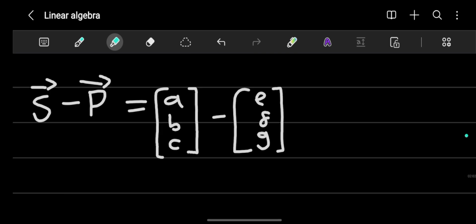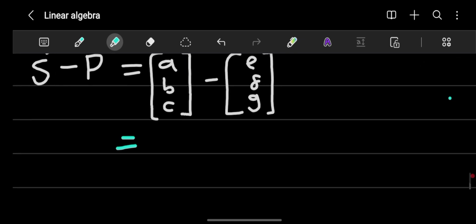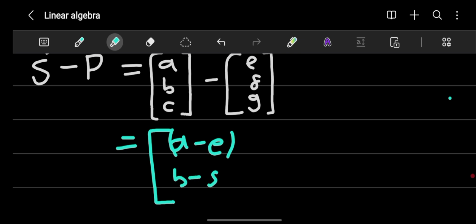Okay, now let's talk about vector subtraction, like you would with your 2D vectors. When you're subtracting, in this case, you would go A minus E, and then B minus F. I don't have enough space, I should have zoomed in.